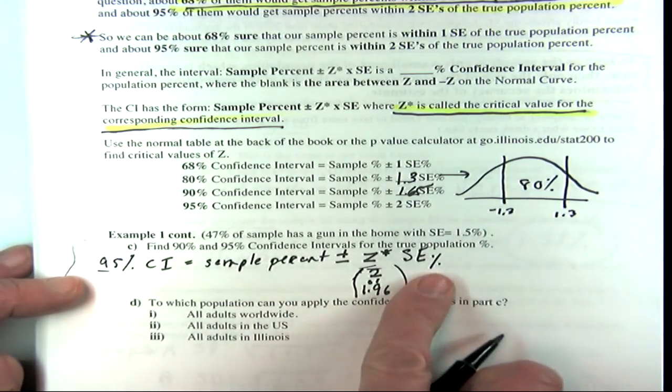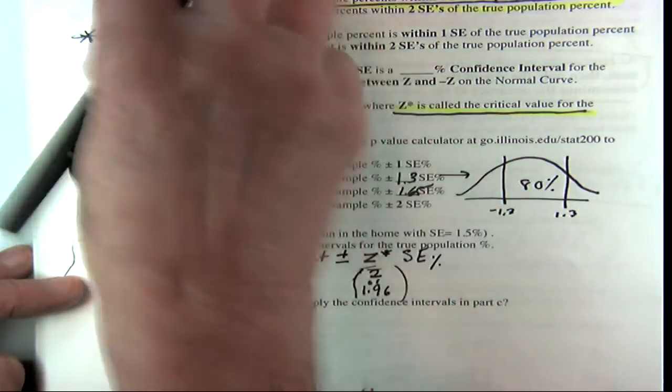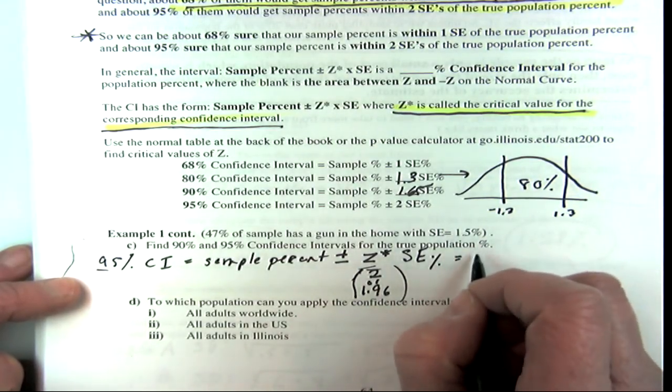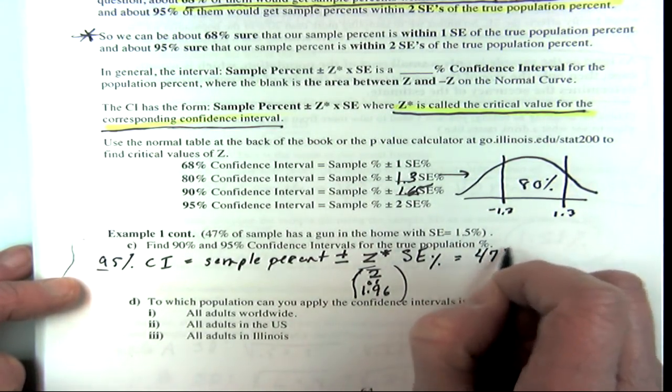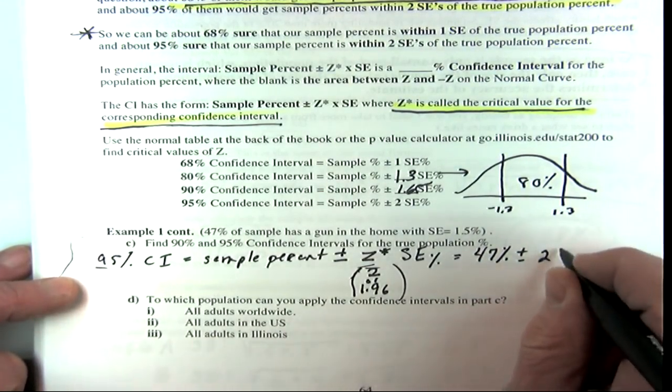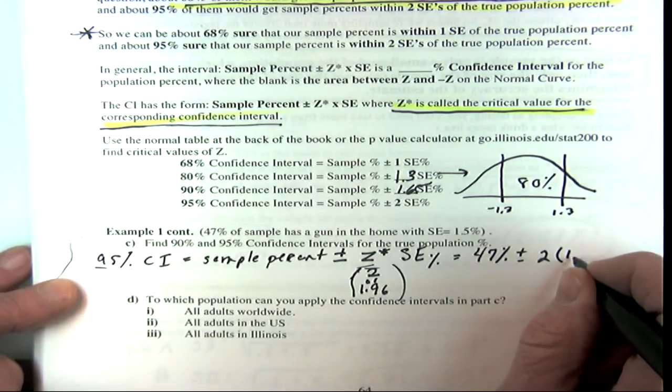In this case, we said this is going to be 1.5. We're just using this rounded number here. So to make it really simple, we'd just say 47% plus or minus 2, so we can do it in our head here, times 1.5.